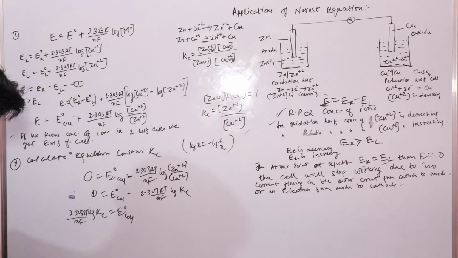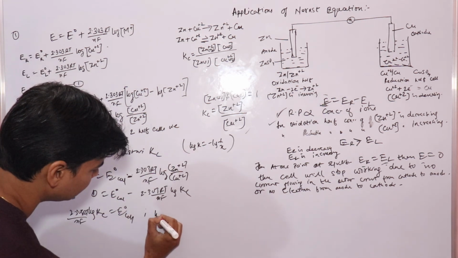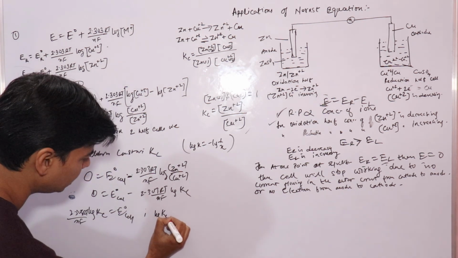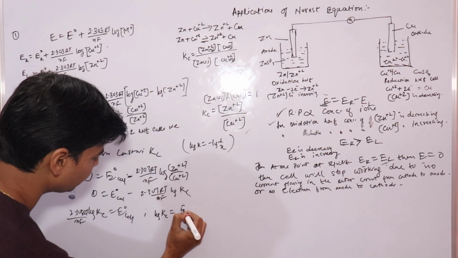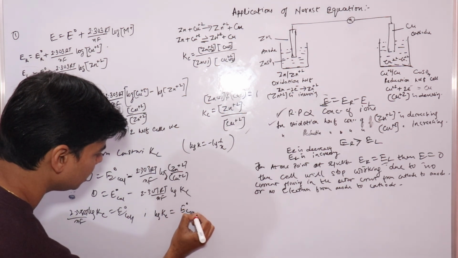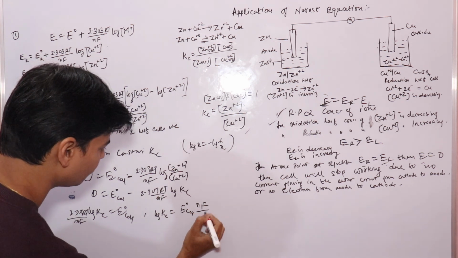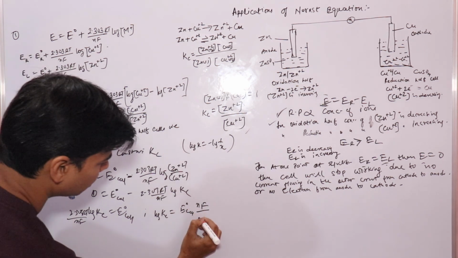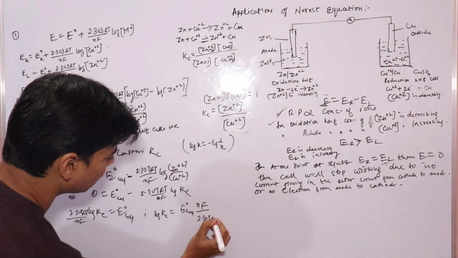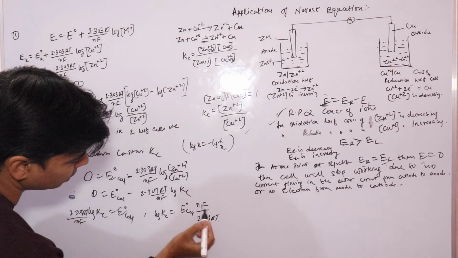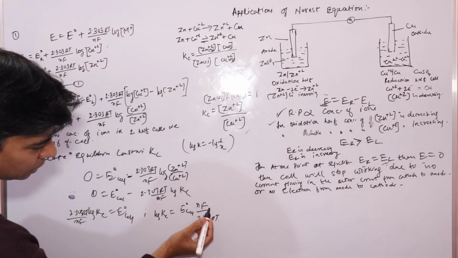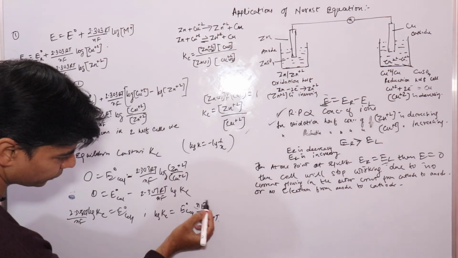So the value of Kc can be calculated from log Kc is equal to E cell NF upon 2.303 RT. 2.303 RT and NF are constant, right?